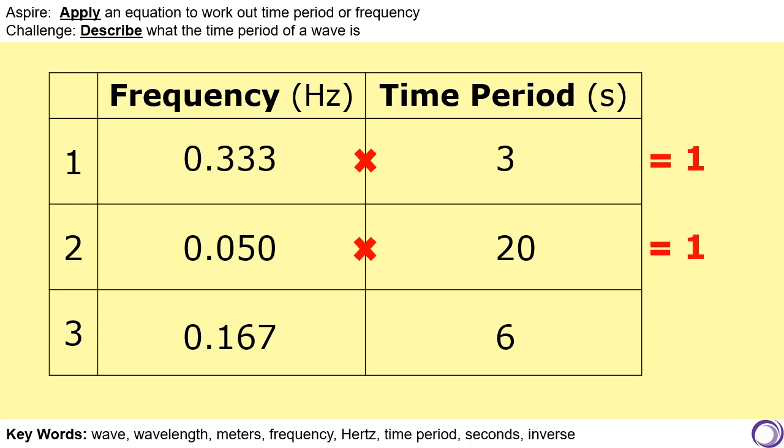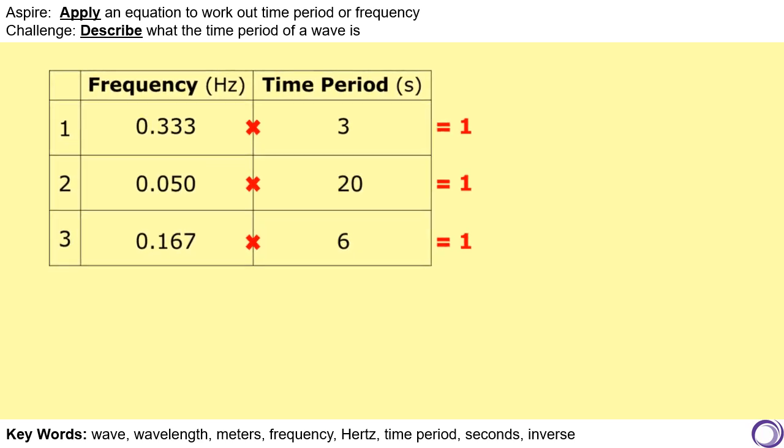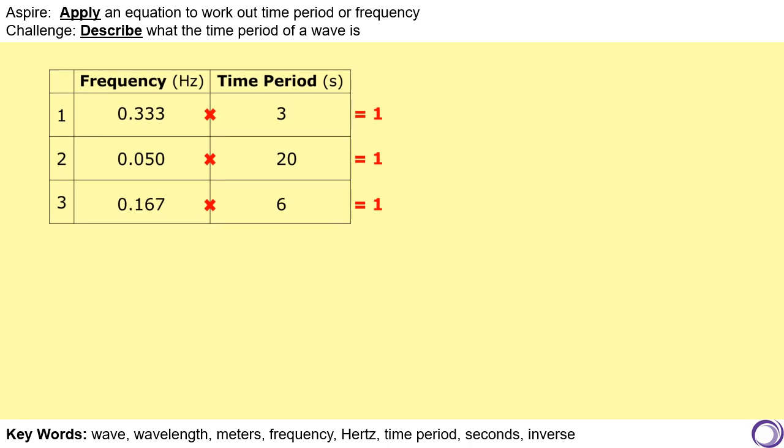And if you multiply 0.167 or 0.16666 recurring by 6, again you get 1. So this actually tells us something about the relationship between frequency and time period, because every time that we multiplied frequency and time period, we got the number 1.